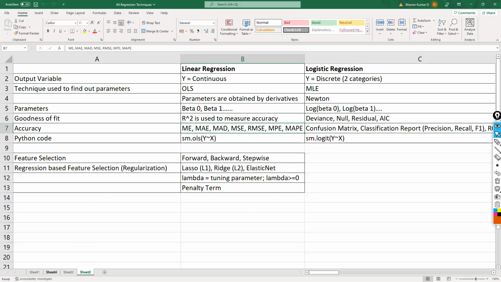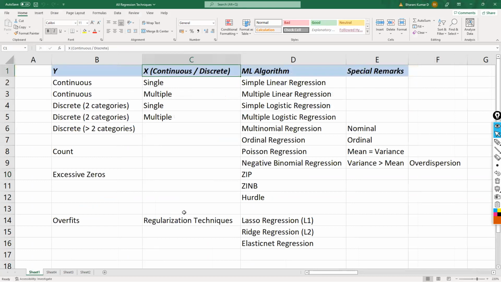So in a few of the scenarios, like number of insurance claims itself, your data might have too many zeros in the output variable number of claims. You might have a lot of zeros. That's called inflated zeros.